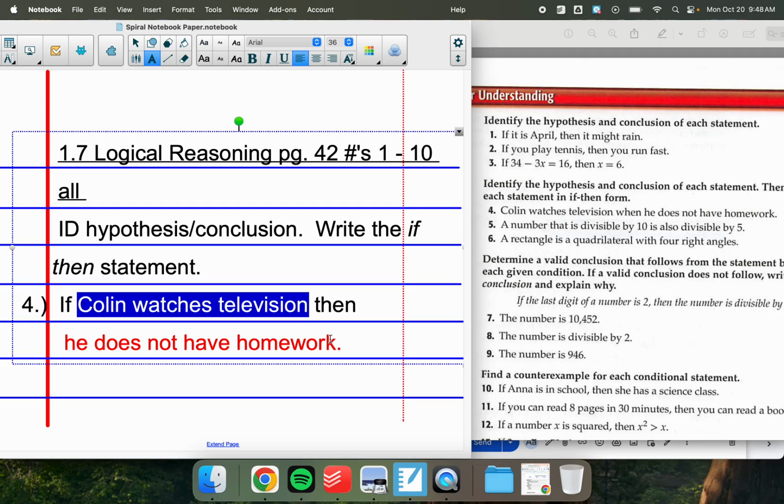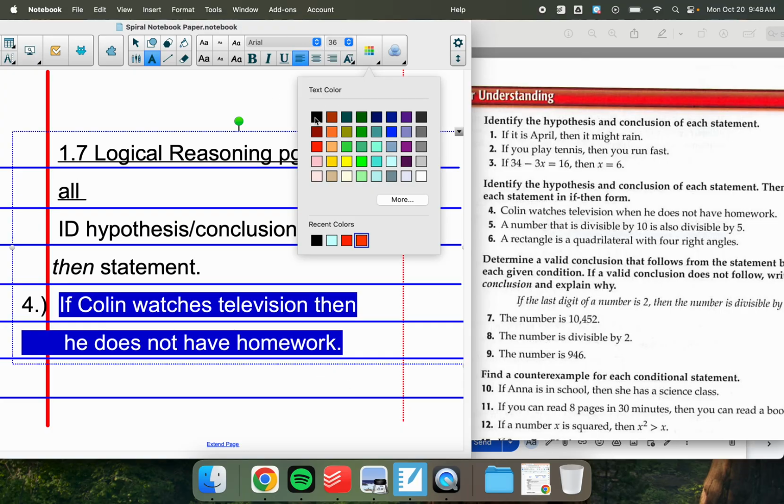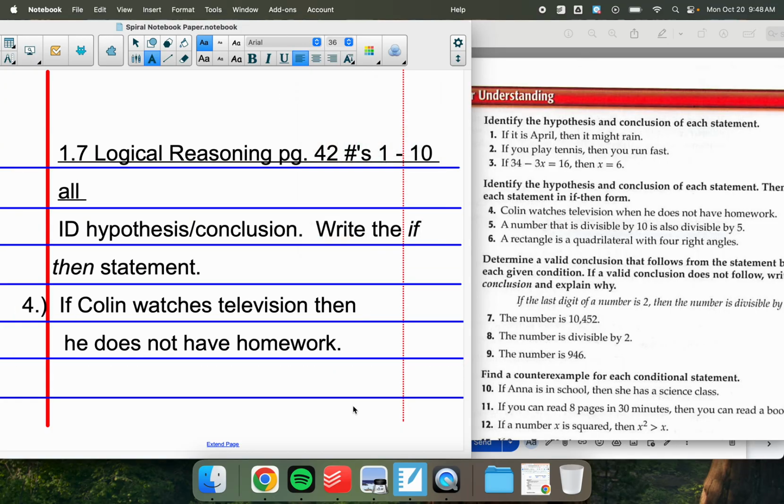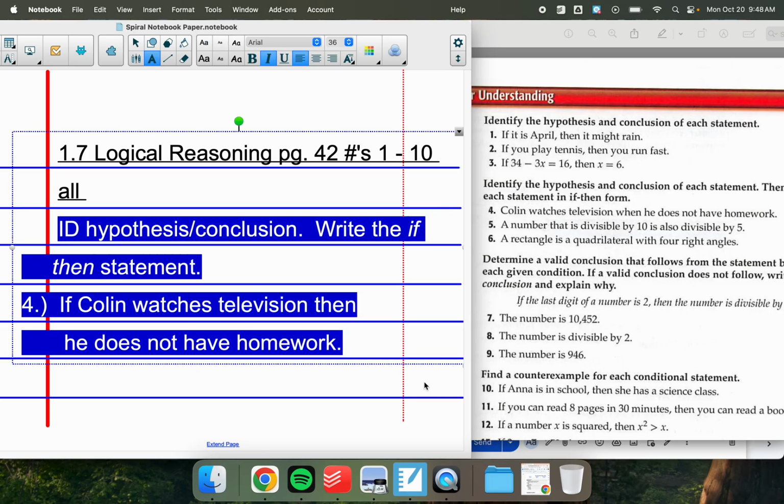So if Colin watches television, then he does not have homework. See how you do on the following ones. And like I said in class, I think you could probably make an argument and convince me that the other could be right, as long as it's not so crazy.